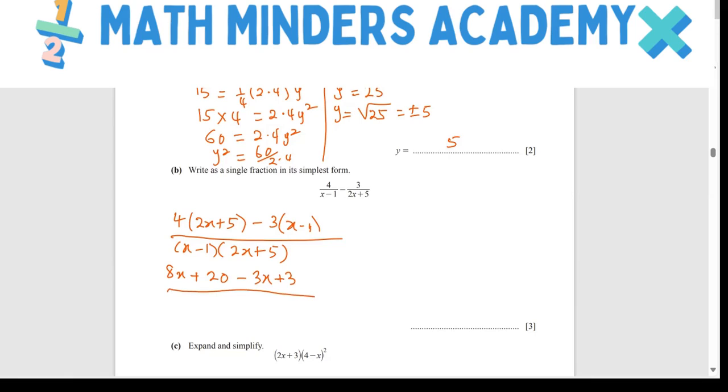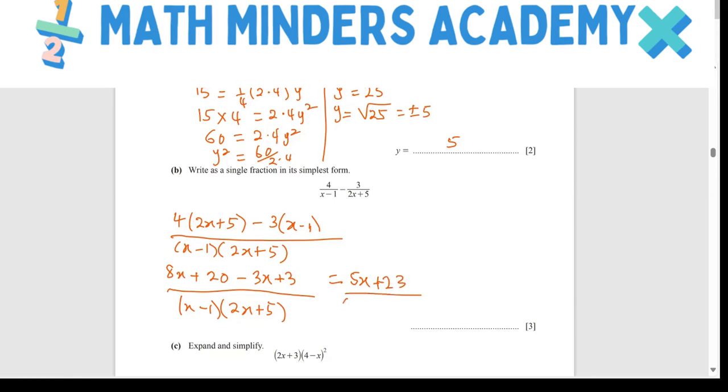All over. Of course, you may choose to open this bracket, or okay, we can leave it, which is x minus 1, 2x plus 5, okay? And that is going to give us 8x. Of course, if we check 8x minus 3x, that gives us 5x. 20 plus 3, that gives us 23.